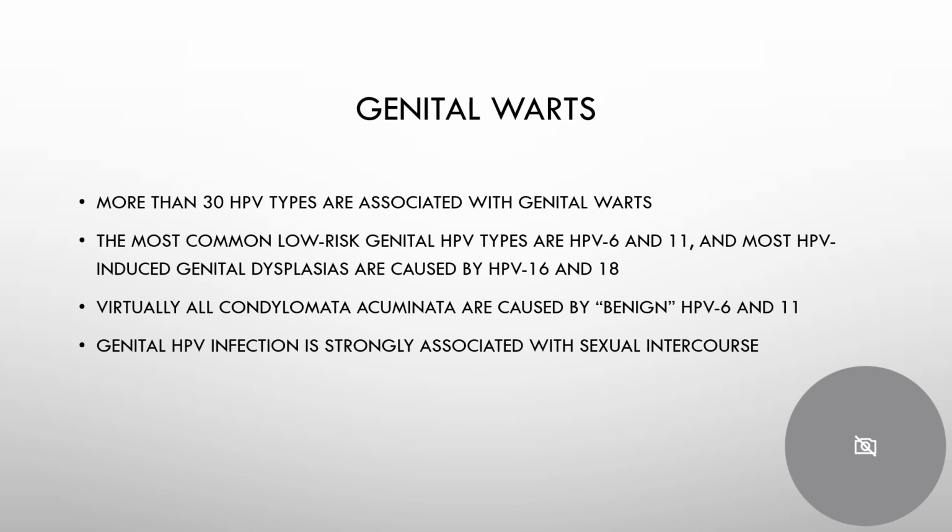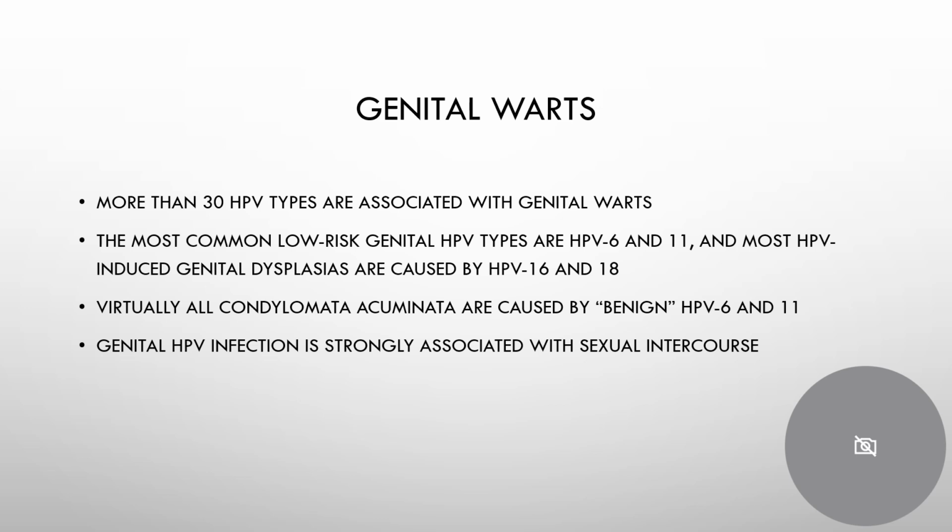Genital warts are caused by more than 30 HPV types. The most common low-risk genital HPV types are HPV-6 and HPV-11. And the most common HPV-induced genital dysplasias are caused by HPV-16 and HPV-18.